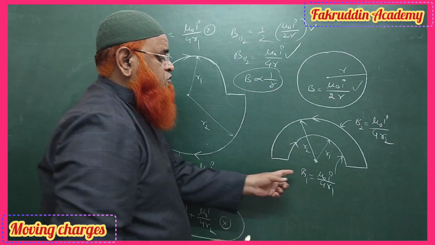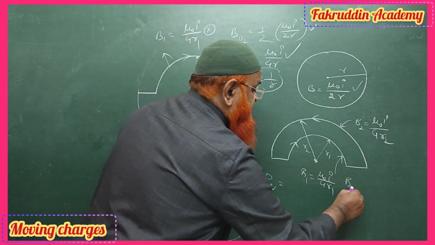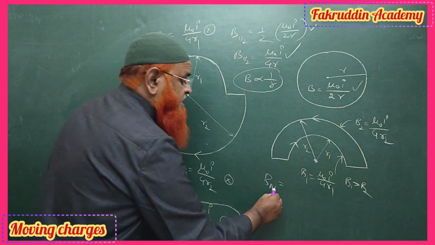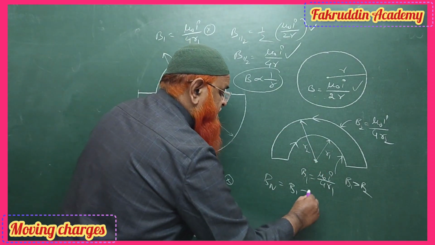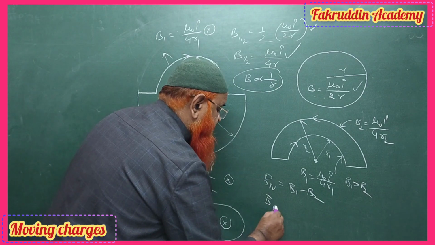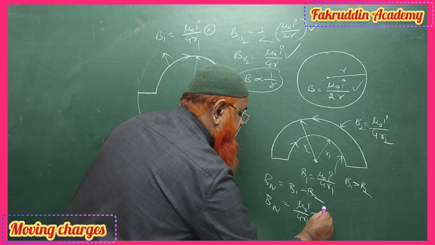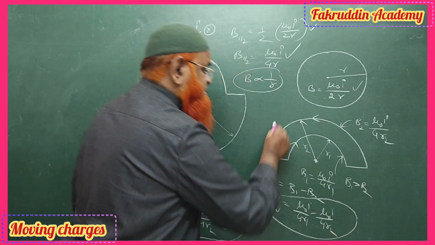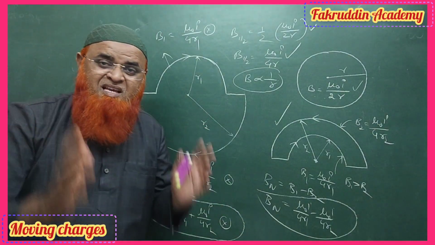As B is inversely proportional to R, B1 is greater than B2 because the radius is small here. Therefore B net for both these semicircles is going to become B1 minus B2. So B net is mu naught I by 4R1 minus mu naught I by 4R2. So for this type of diagram you have to take the difference. For the earlier type of diagram you just add them.